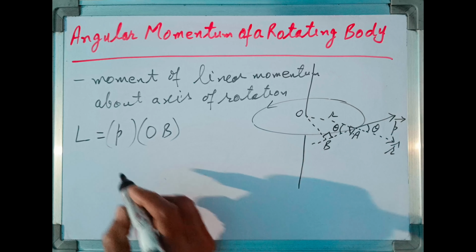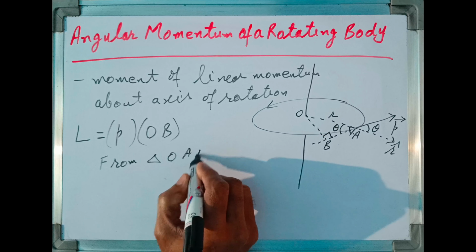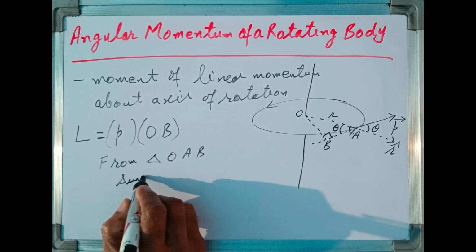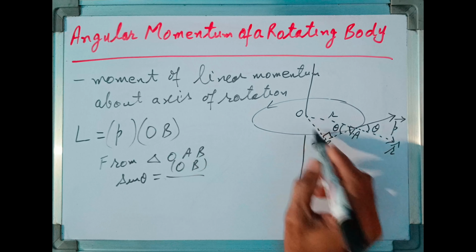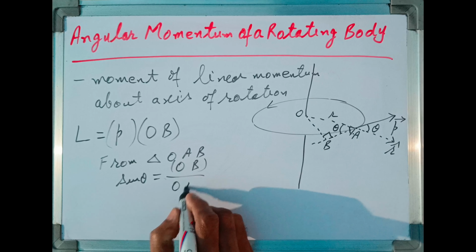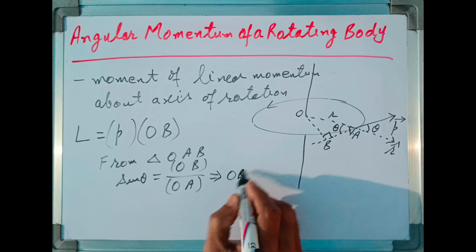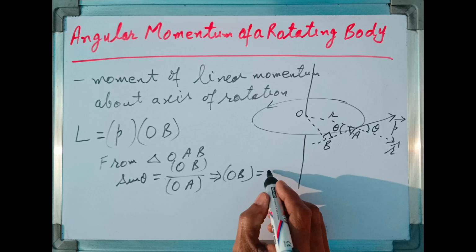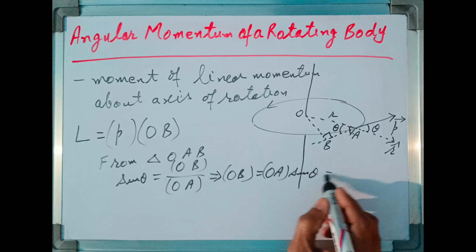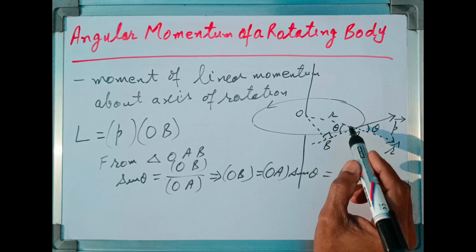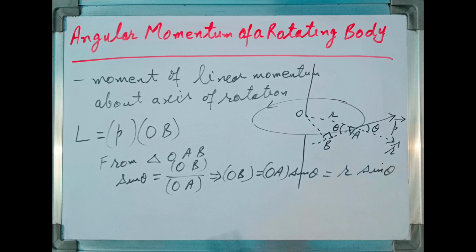From triangle OAB, sin theta is equal to OB divided by hypotenuse OA. Cross multiplying, OB is equal to OA sin theta, and OA is equal to r, the radius of the circular path, so it is r sin theta.